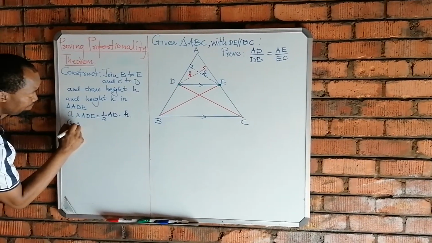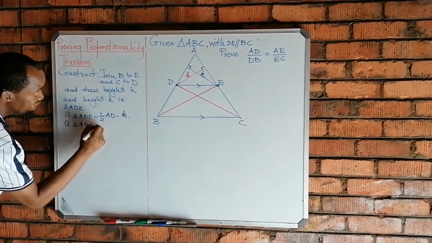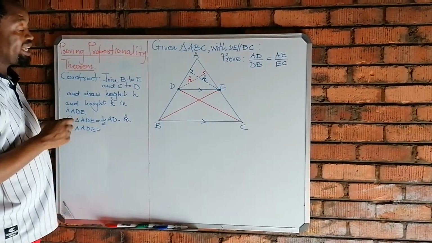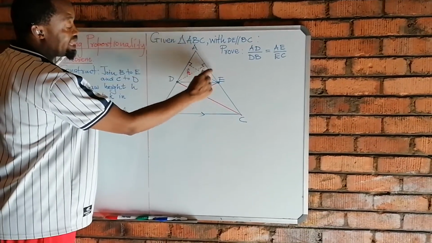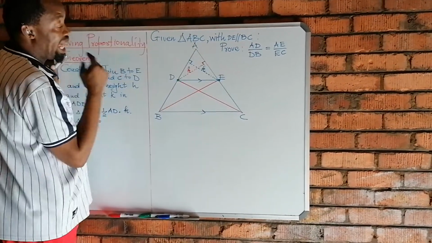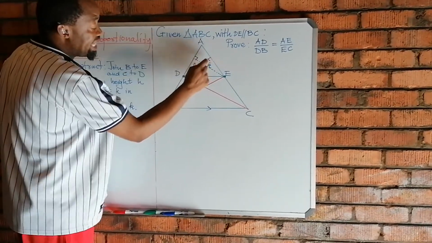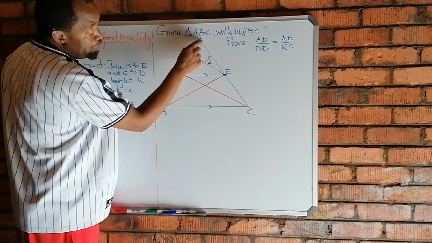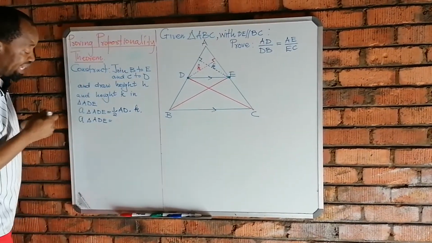Again, in the same triangle ADE, I'm going to take the area of this triangle looking at the different base and height now. Height small h will be perpendicular to AE, and there is AE there.